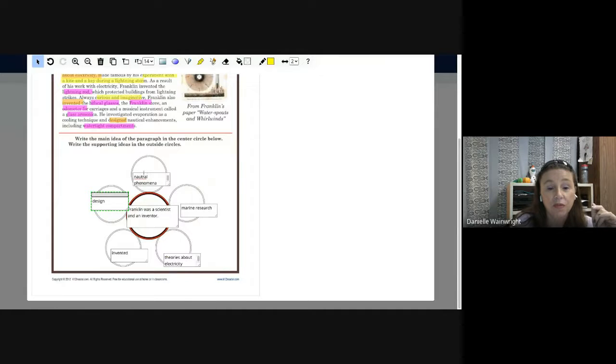And each one of these, you tell a little bit more: what natural phenomenon he investigated, what came about from his marine research, what about his theories about electricity, what did he invent and what did he design. Each one becomes a sentence. And that is how you write a summary. You've found your main idea, you've found your key details, and now you could write a summary. All right. I hope that helps. Bye, y'all.